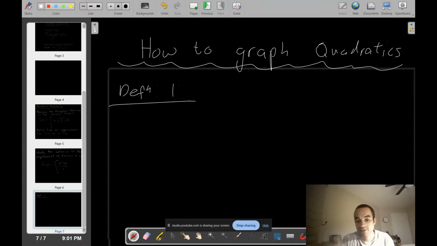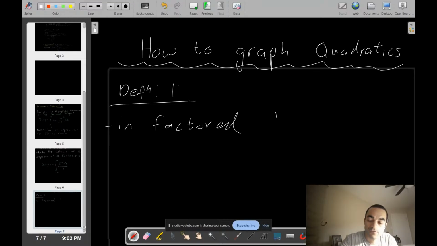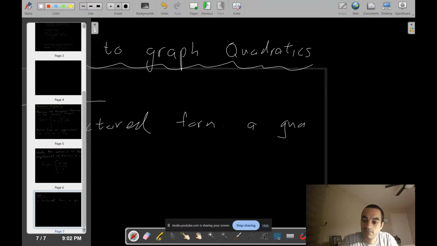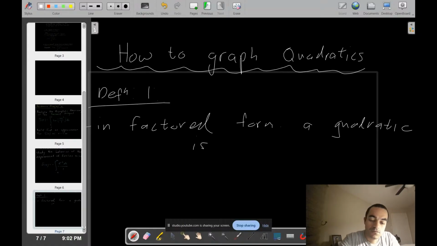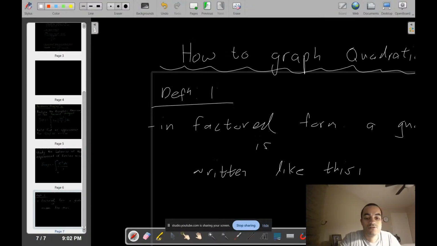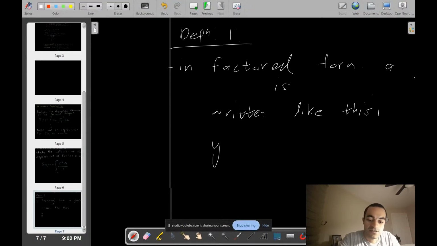So in factored form, a quadratic is written like this: y equals a times x minus r1 times x minus r2.